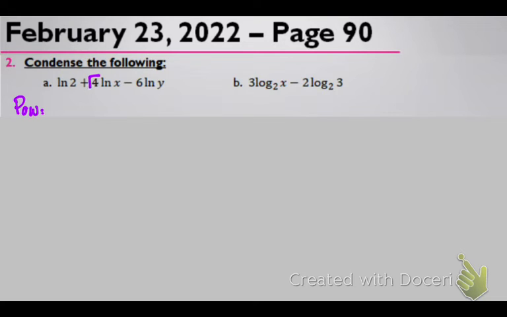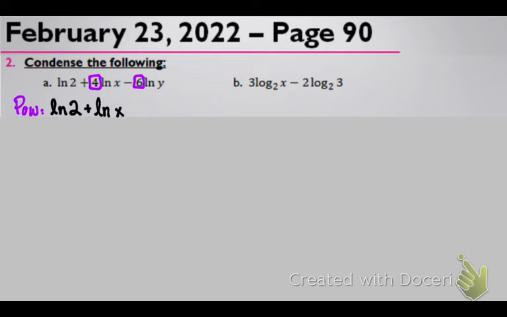So in this one, I see I have a 4 in front of that natural log, and I have a 6 in front of that natural log, and those will become exponents. So I can rewrite this, and I'll bring natural log of 2 down because I'm not changing anything there yet.